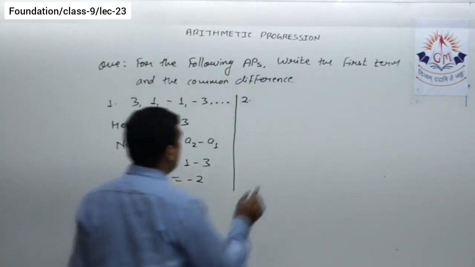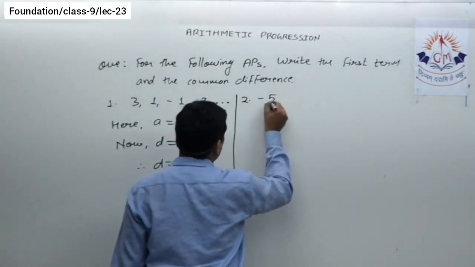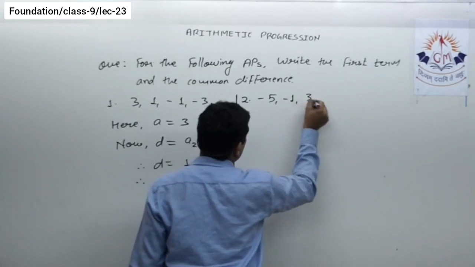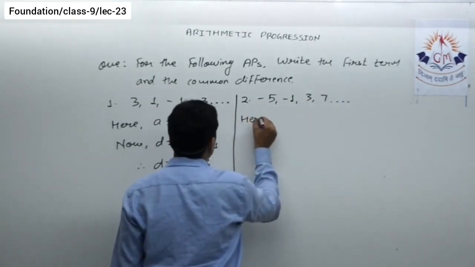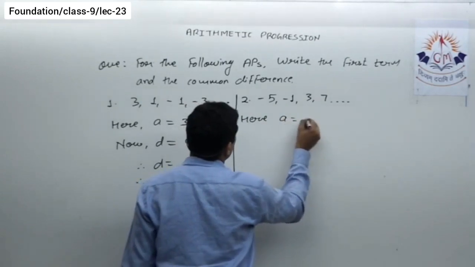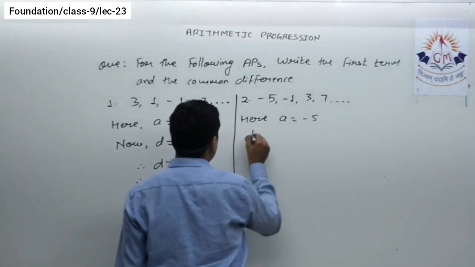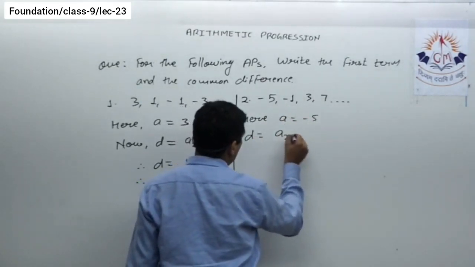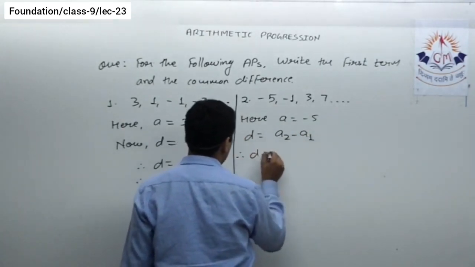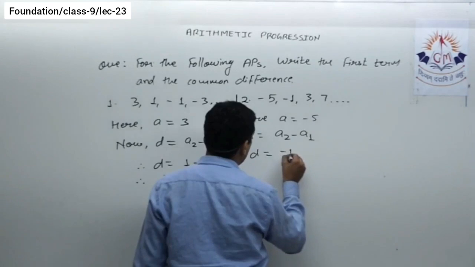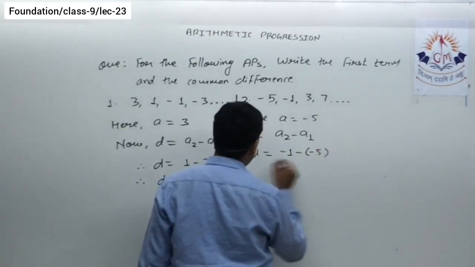minus 5, minus 1, 3 and 7. So here again it is very easy. A is minus 5, D is A2 minus A1, therefore the common difference is equal to minus 1 minus minus 5.